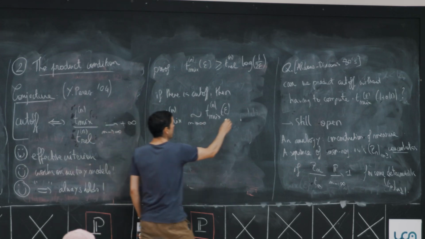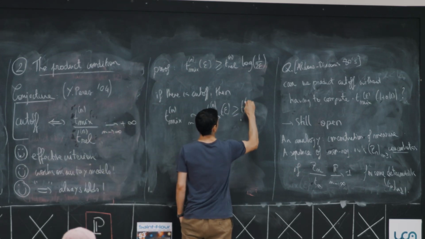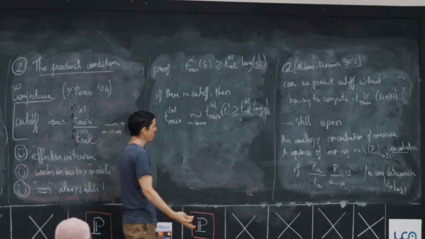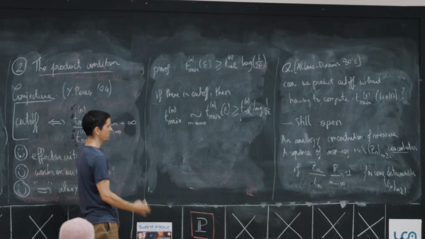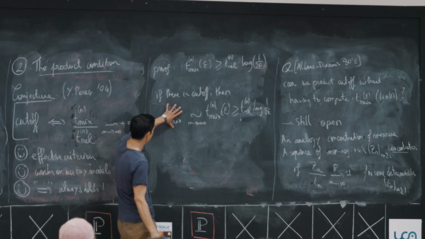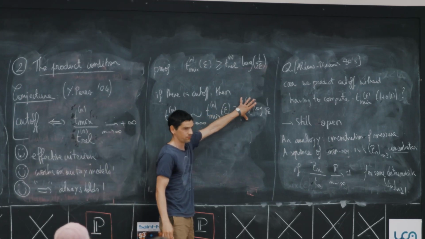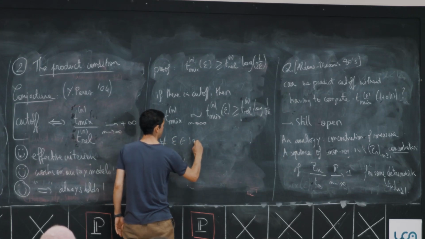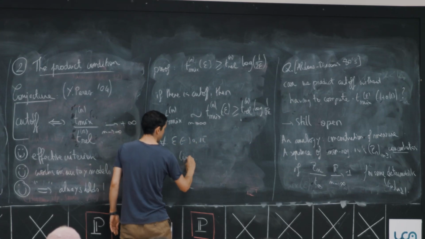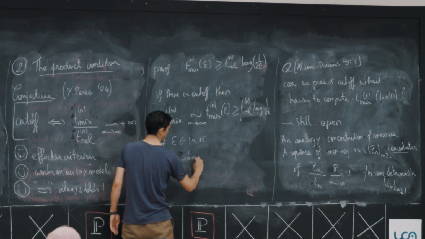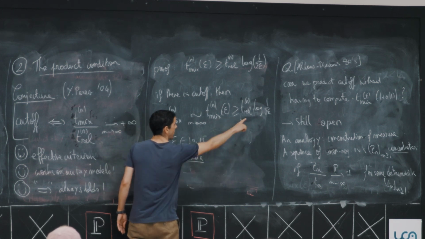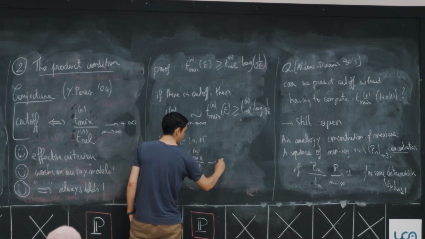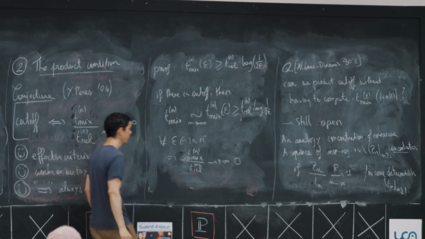So in particular, it will be larger than log of 1 over 2 epsilon, but for any epsilon. And now you get a problem because you can make epsilon as small as you want, so you can make this as large as you want compared to this. Right? So this is true for any epsilon. And so you get that the limit is larger than log of 1 over 2 epsilon for any epsilon. Okay, so that's a proof.